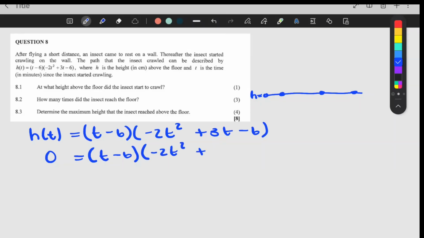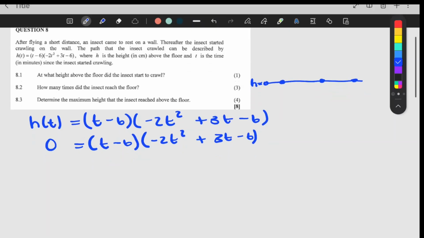So I'm going to solve for t because I want to see at which times the insect reached the floor. So if you solve for t here, it's already factorized. Remember, this is a cubic function.